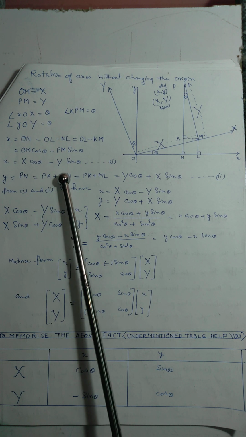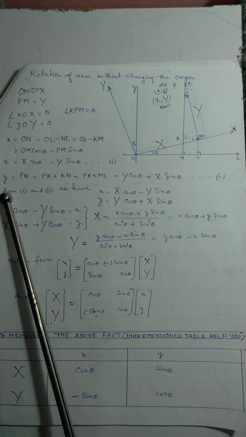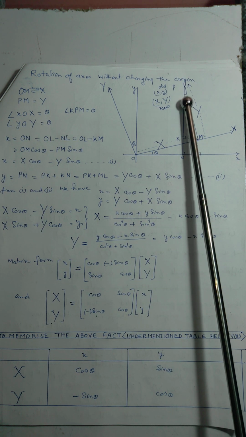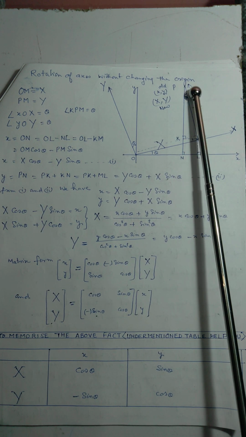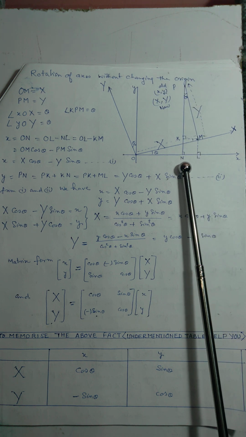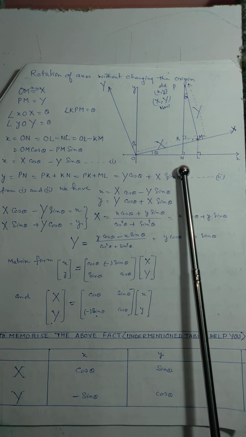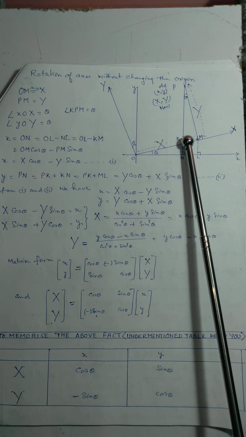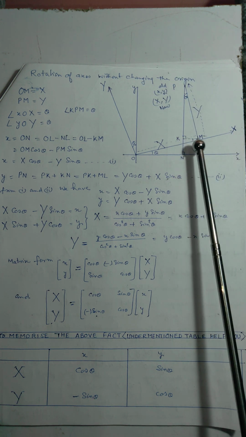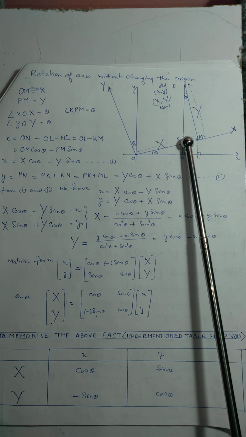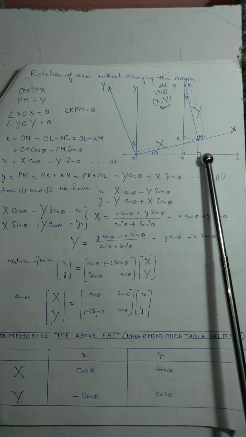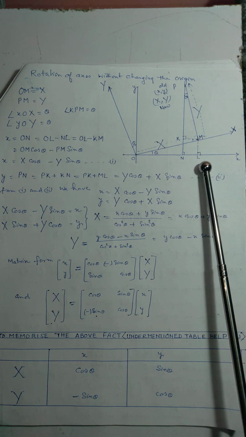Here capital X I have mentioned. Now similarly for small y, that is PN. P is here, N is here. So PN can also be split into two parts, that is PK plus KN, and instead of KN you can write ML.